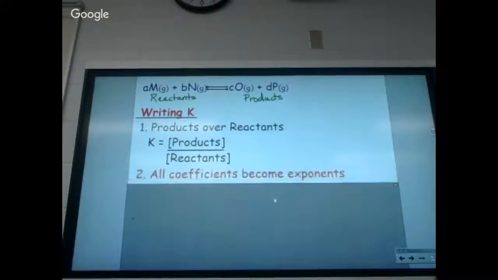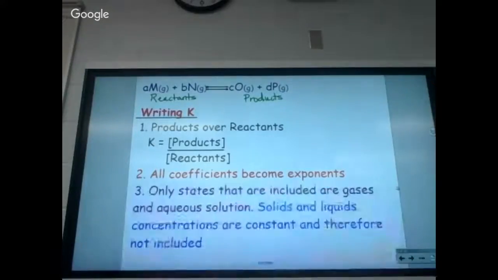Now, step two. All coefficients become exponents. When you balance your equation, the coefficients will become exponents. So if you have a 2 or a 3, those numbers become your exponents. And the last step: only certain states are included.